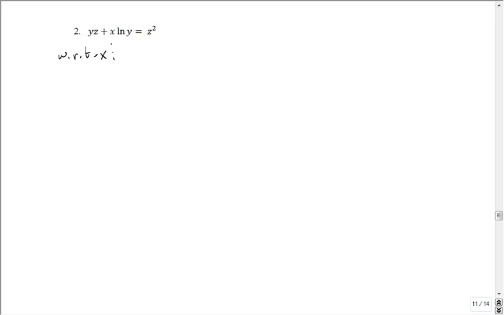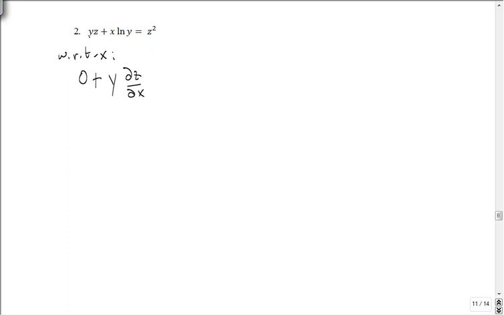Alright, so let's do it. So yz, we want to partially differentiate that with respect to x. Product rule. Partially differentiate y with respect to x is what? 0, right? So the first term is going to be 0. I'm going to write it because I need you to see where we're going. Plus, hold the y. Partially differentiate z with respect to x is partial z partial x.